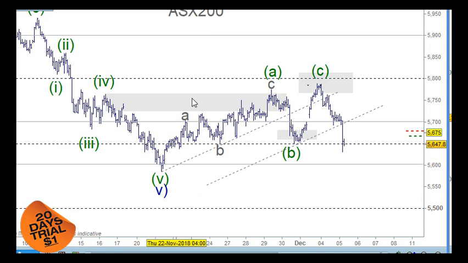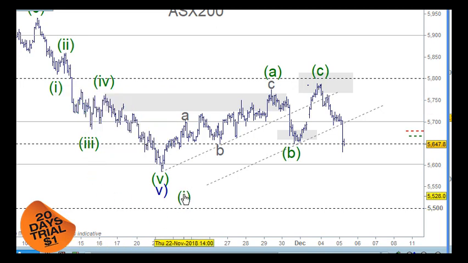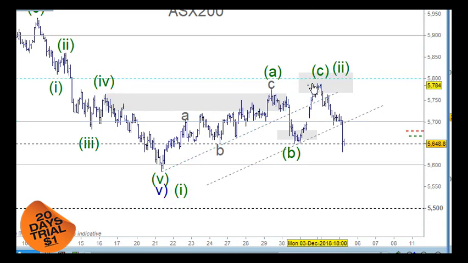But in the first instance, we're going to have to look at this as a bit of a wave 1 and a wave 2 over here, because it pulled back to the 50-60% retracement level of this last trend down. So it's highly likely that we're going to see the markets move lower from here.